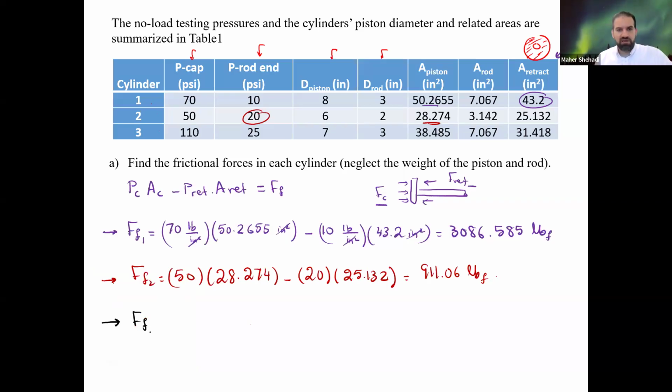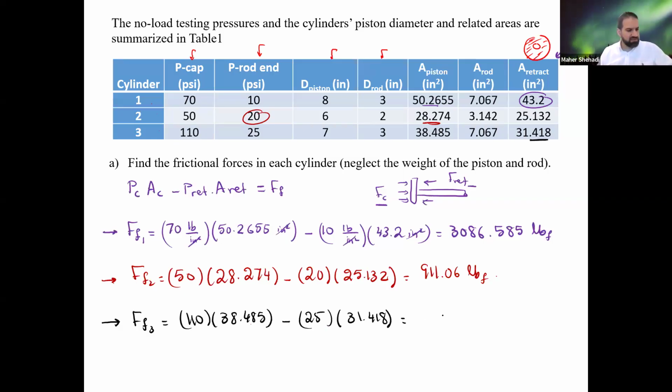So the frictional force in cylinder 3 would be the cap pressure times the cap area of the piston, minus 25, the retract or the rod side pressure, times 31.418, which is the retract area for the last cylinder, and that will be 3,447.9.